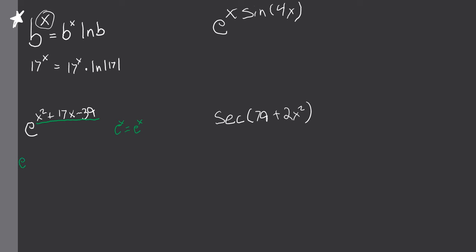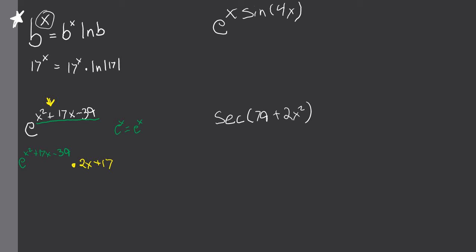So it's e to the x squared plus 17x minus 39. And then we multiply by the derivative of this exponent up here, our inner function. We've got the derivative of x squared is 2x plus the derivative of 17x, which is just 17, and 39 is a constant, so we leave it as is.